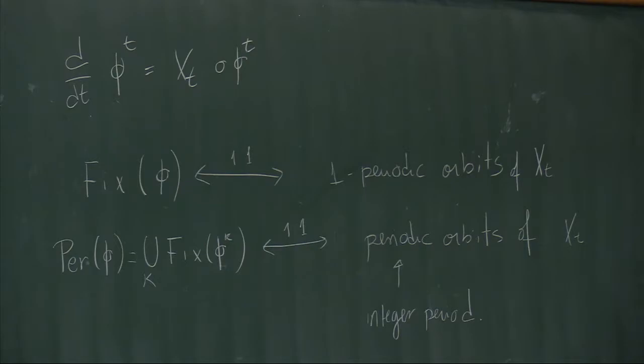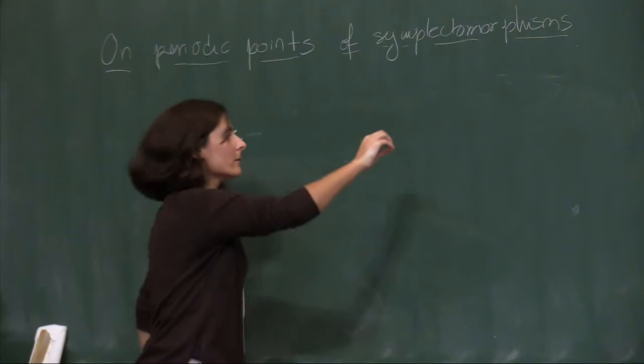So for such a symplectomorphism living in the identity component of the group of symplectomorphisms, I have this isotopy, phi_t. To this phi_t, I can associate the vector field X_t by that equation.